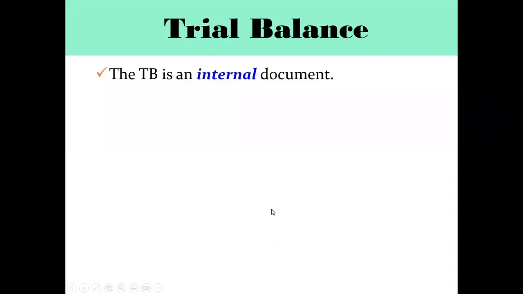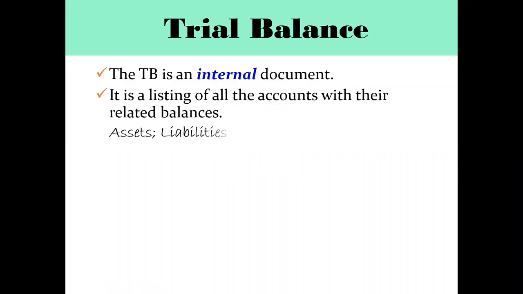But what does this TB contain? It is simply a listing of all the accounts with their related balances. You see why we have to balance off the accounts? Because we want those balances to put them together in this trial balance.